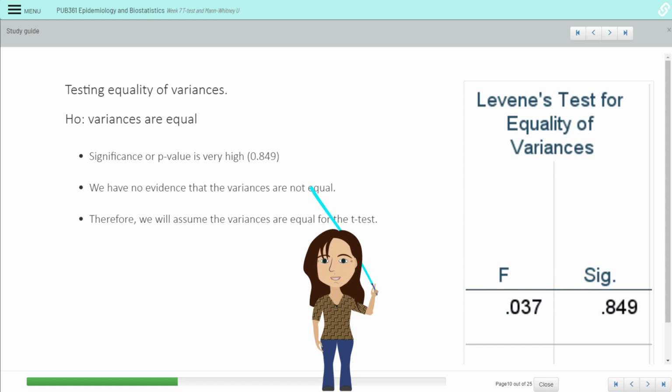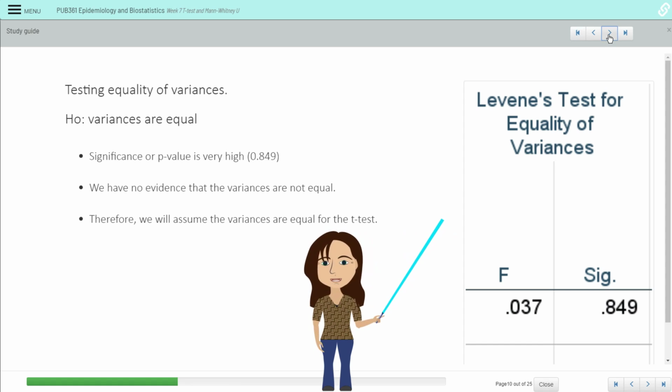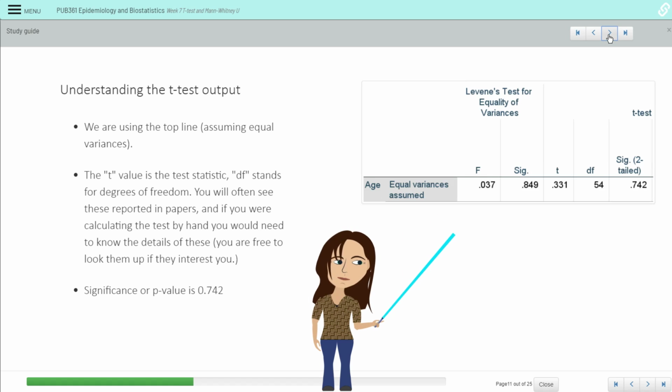And I'm aware that this sort of double negative, that we have no evidence that they're not equal, is problematic for some people. It takes a little while to get used to. But I'd prefer to write it in a correct way, and if you want to think about it a little bit differently, that's okay. So we've got no evidence that they are different. Therefore, we will assume that the variances are equal for the purposes of this t-test. So this was for that last assumption about homogeneity of variances.